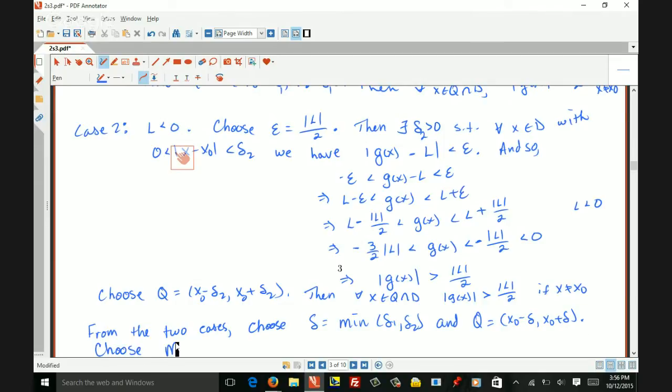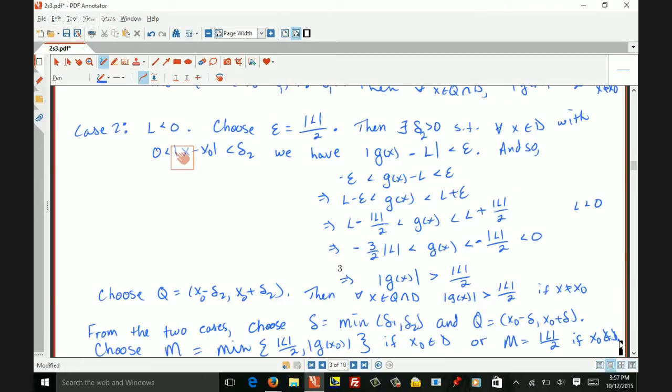Choose M to be the minimum of absolute value of L over 2 and g of x naught in absolute value if x naught is in D, or M to be just absolute value of L over 2 if x naught is not in D.